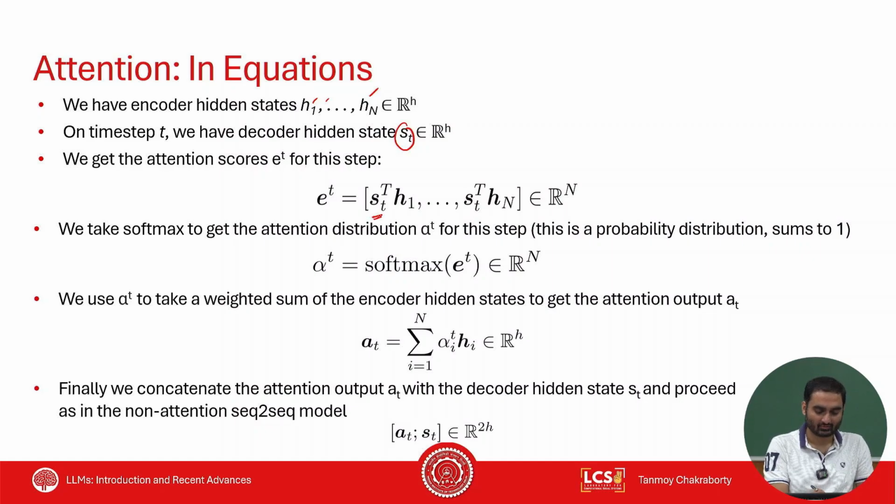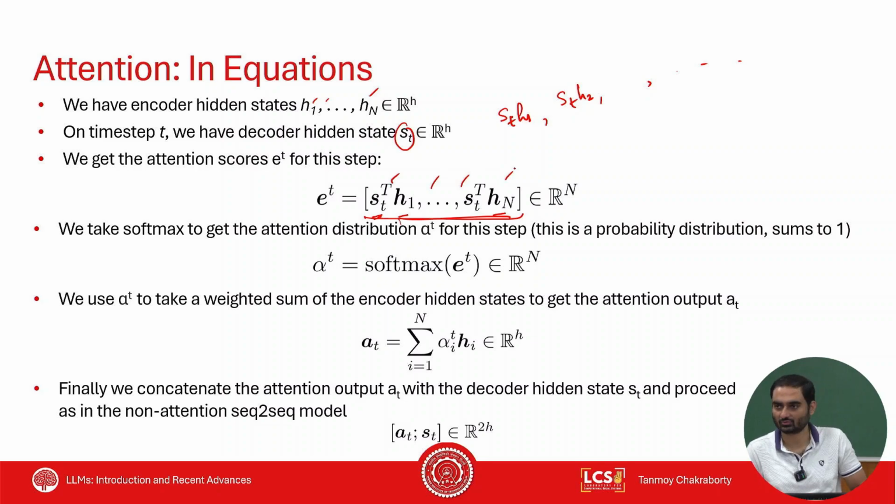So ST will access all the hidden states of the encoder. So ST dot product H1, ST dot product H2, and so on and so forth. So we generate these numbers. These are dot products, these are attention scores. Let's say this is ET.